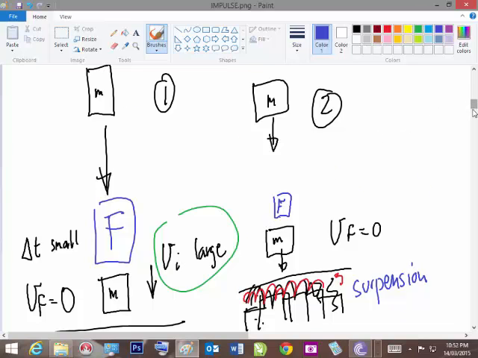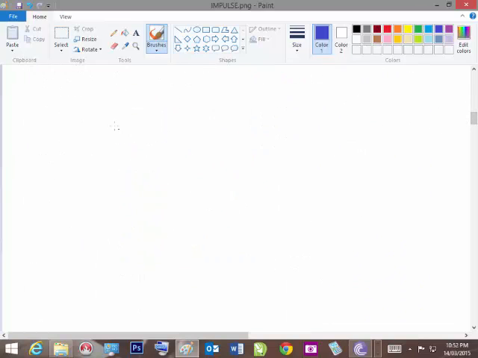The main thing is that impulse is force times change in time. When the time taken for the object to come to a complete stop is increased, the impulse will be the same, but the force is going to be much less.